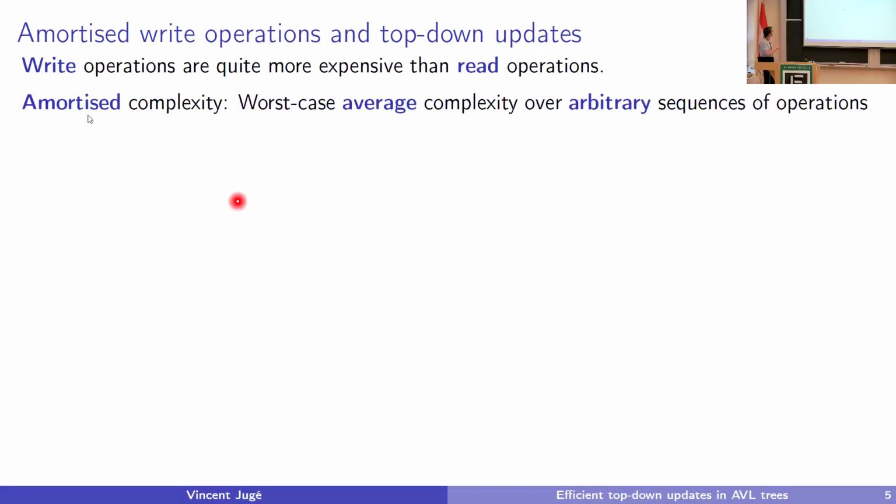Second, what is amortized complexity? Basically, you take arbitrary finite sequences of operations, you take the average complexity on this sequence of operations, and then you take the worst case possible average complexity.